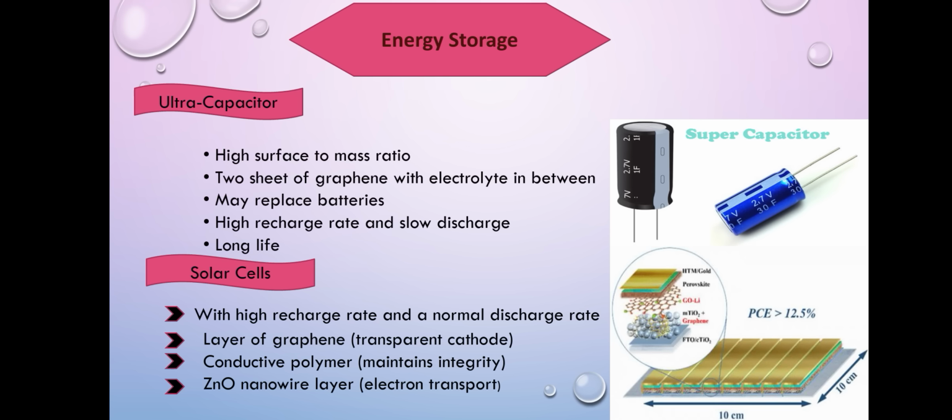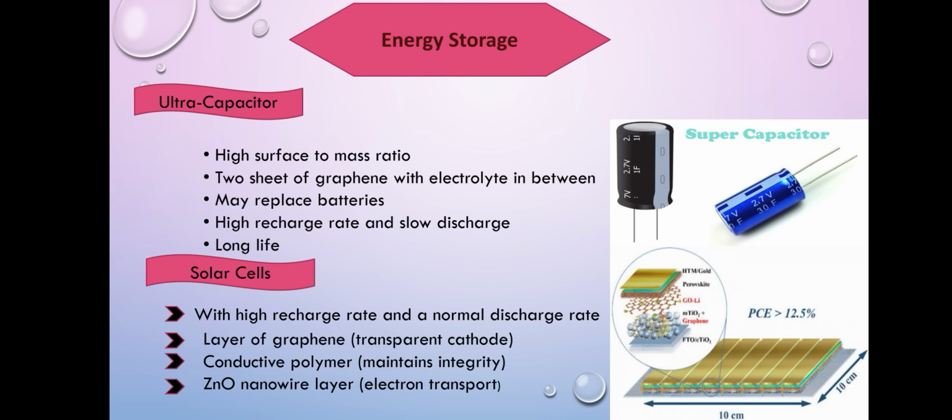After that, energy storage. Storage devices also use graphene in their structure. Supercapacitors also use graphene sheets. Ultracapacitors use a high surface to mass ratio, with two sheets of graphene and electrolyte in between the capacitor.